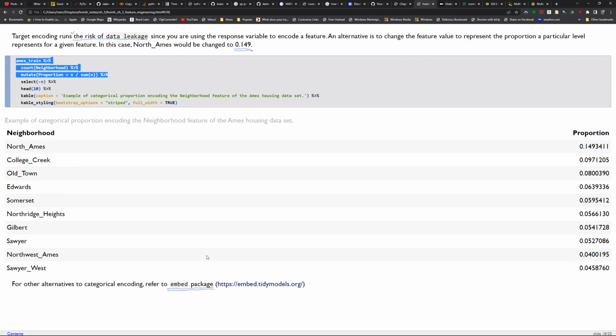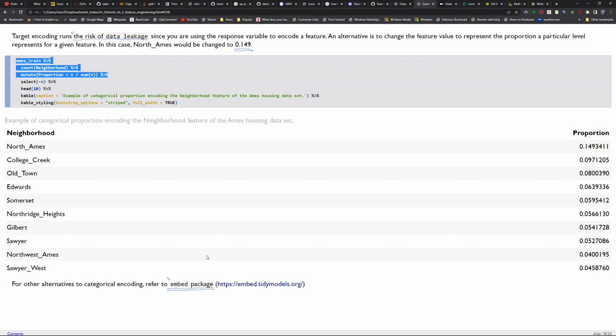And usually you can use this type of methods. Also hashing can be used. I'm not going to discuss it here, but in the embed package you can see other alternatives. And sometimes you have to experiment. You have to use different approaches to see which one really works best for your model.